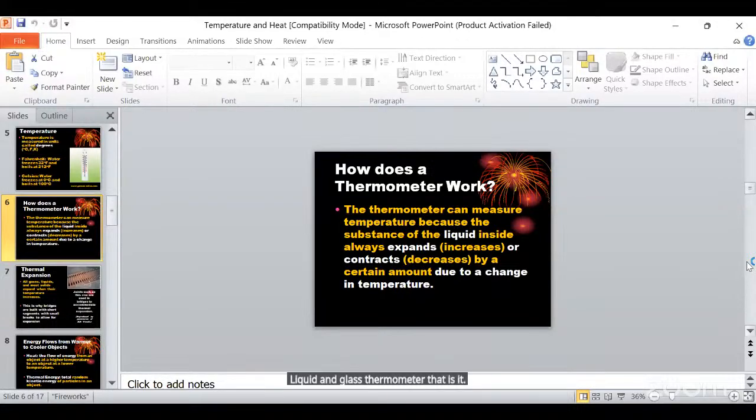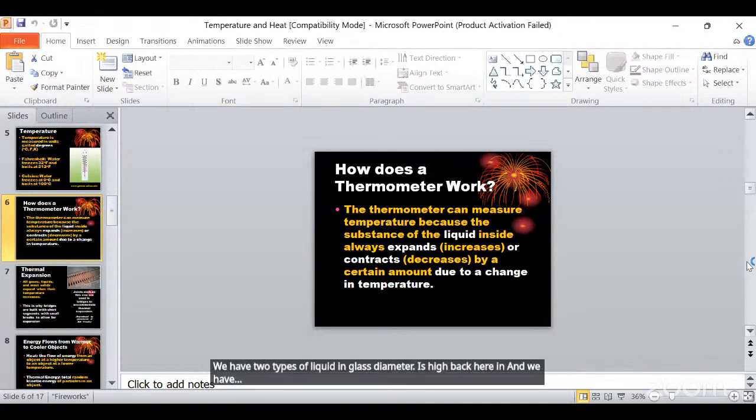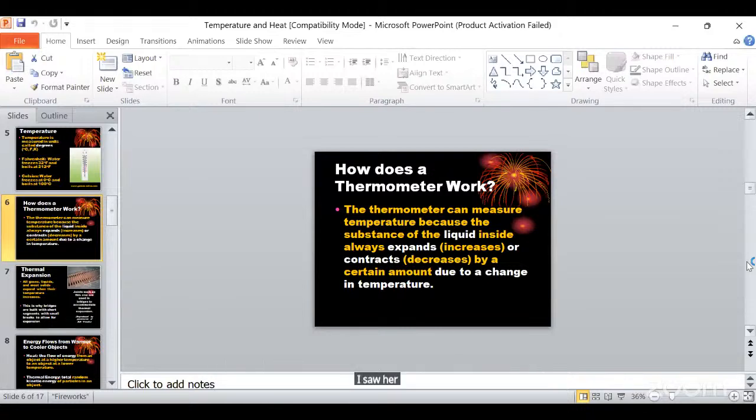And when you talk about liquid in glass thermometer, we have two types: mercury in glass thermometer, and alcohol in glass thermometer. By now, you should be able to differentiate between the two or state the advantages of one over the other.